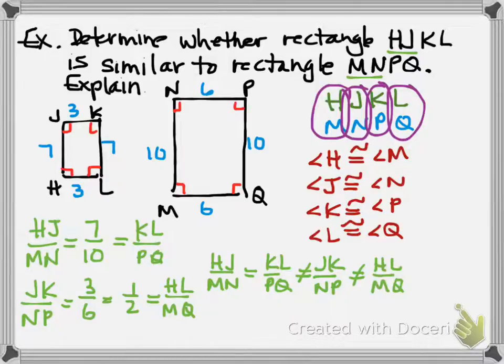Even though HL, MQ, and JK, NP have the same ratio, all 4 of them don't have the same ratio. So our only conclusion can be that no, these 2 rectangles are not similar because all sides don't have the same scale factor.